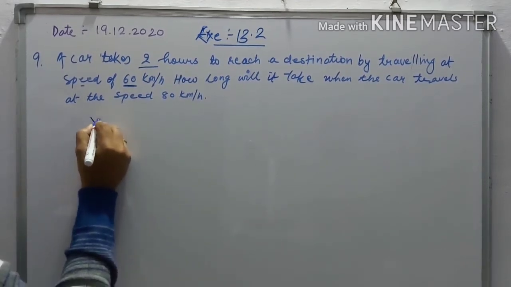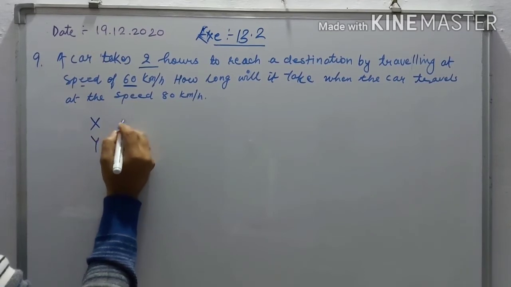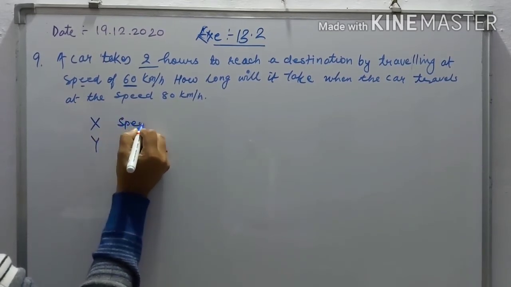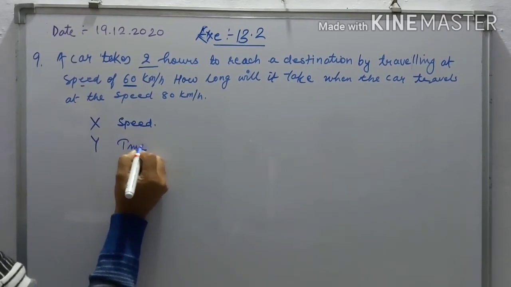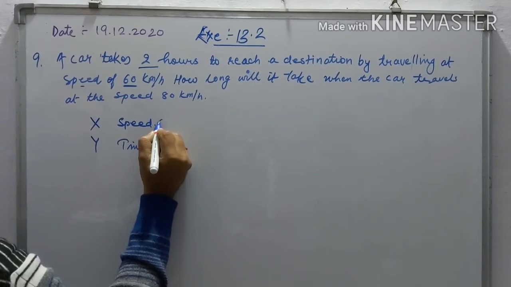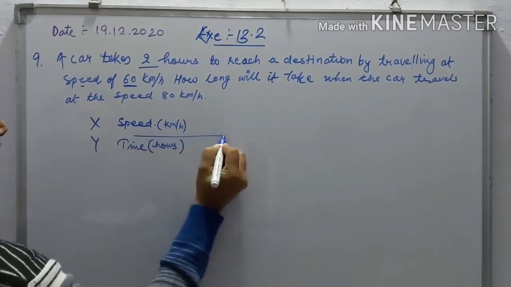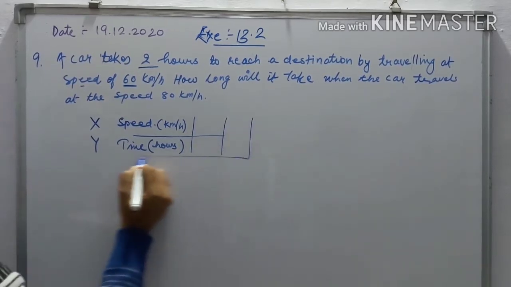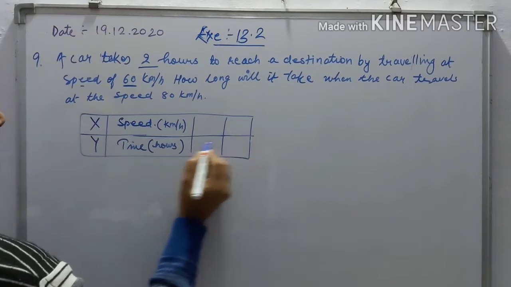So that is the value of x and y. First will be the speed, and second is the time in hours. Speed is in kilometers per hour. Okay, now make a table. Here we write speed.